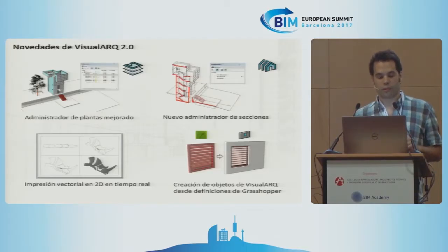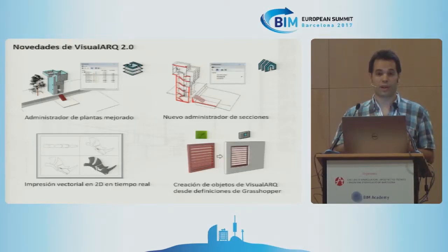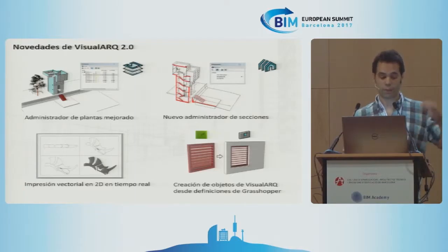I would like to show you some of the novelties that we recently launched, because I believe them to be really, really handy, especially if you work with Rhino and different levels. This gives you the ability to show or hide stages, for instance, and at the same time to work with sections.